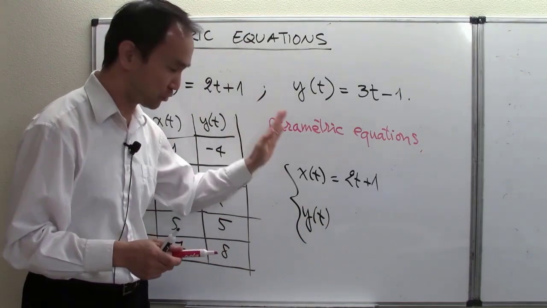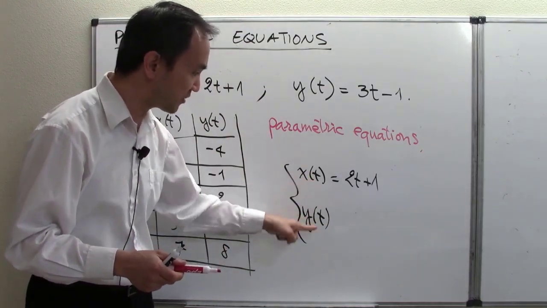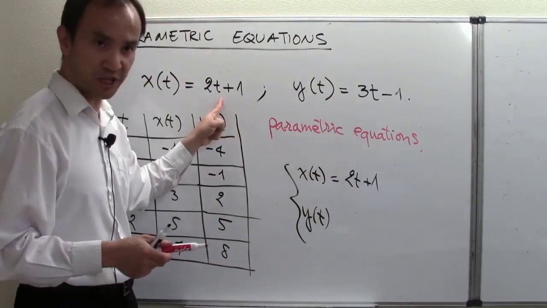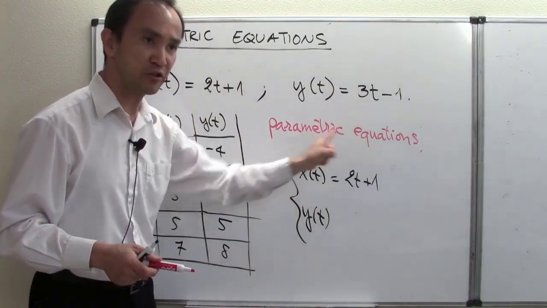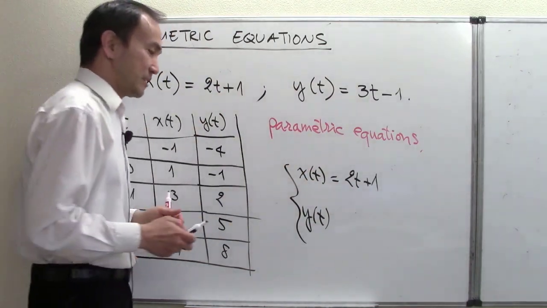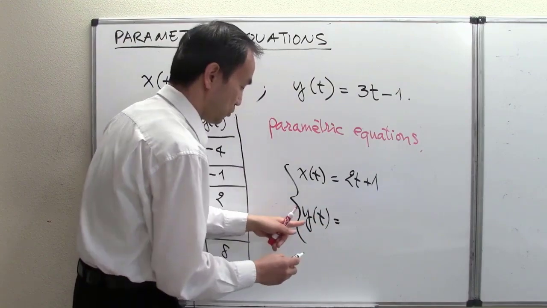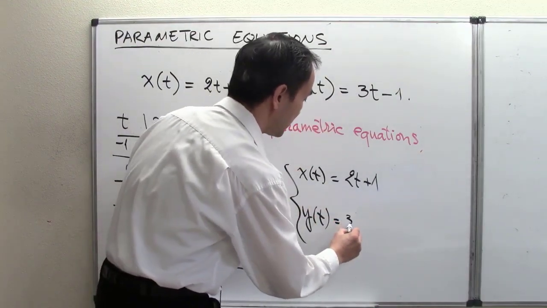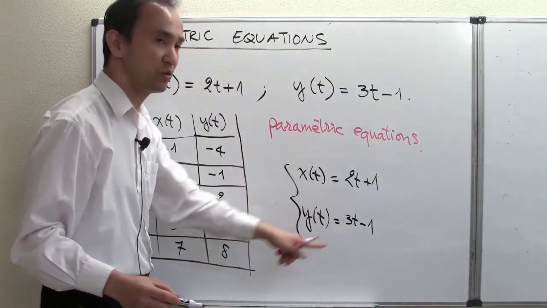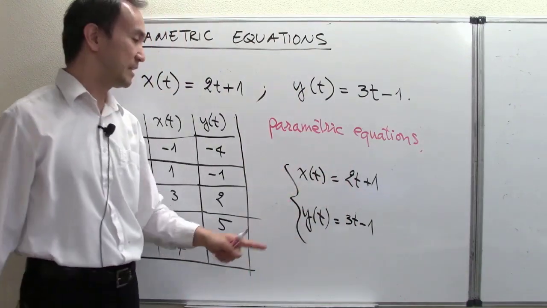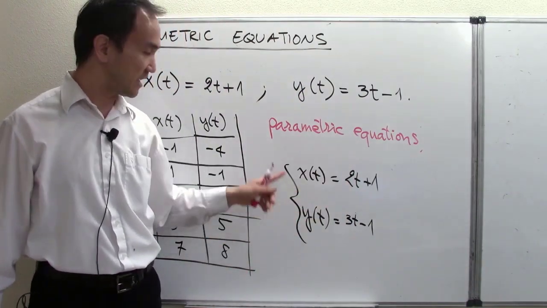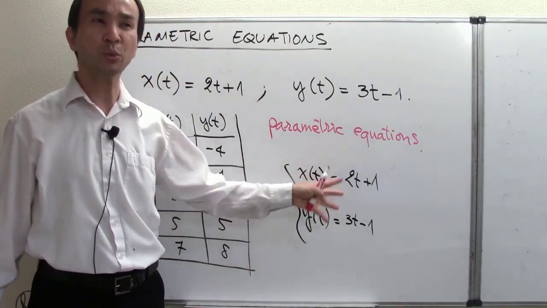Ultimately, it's just two separate functions, but both dependent on the same input variable t. This is the way it's written more commonly, with curly braces. It's a system of two equations.